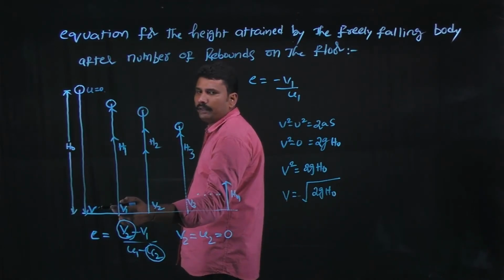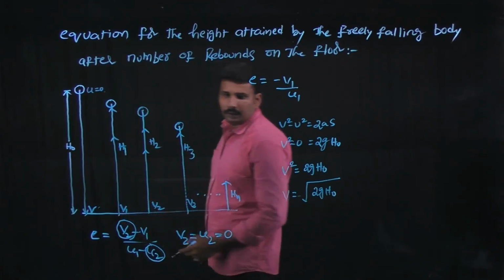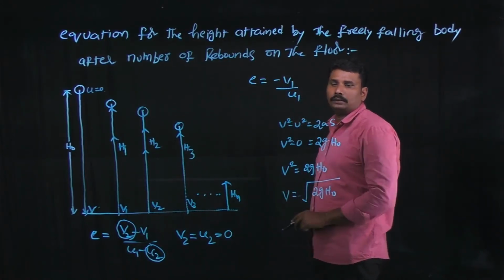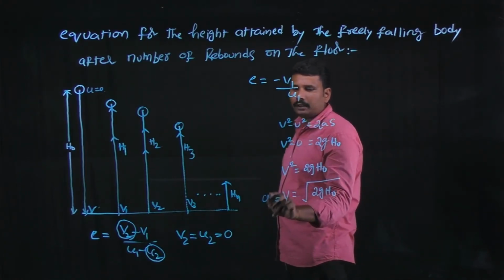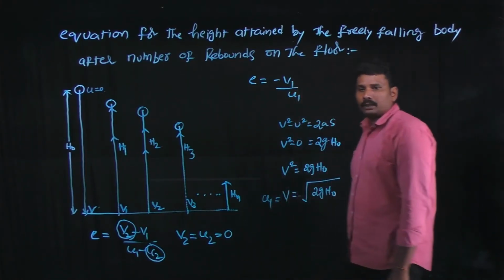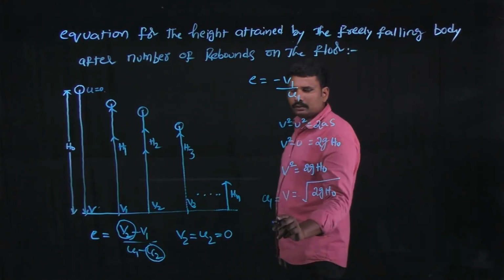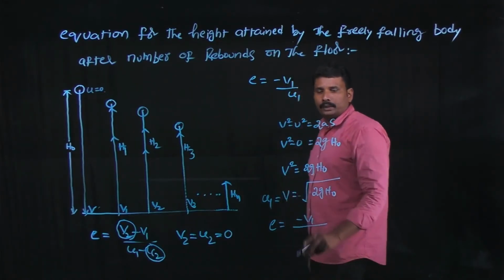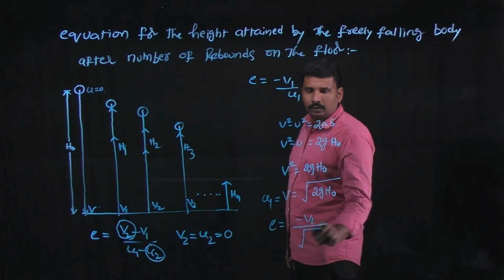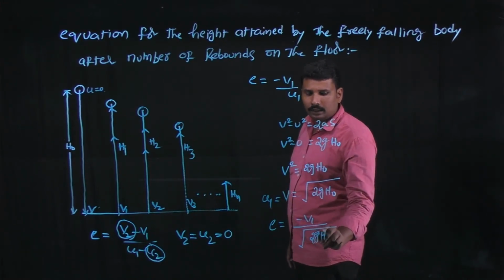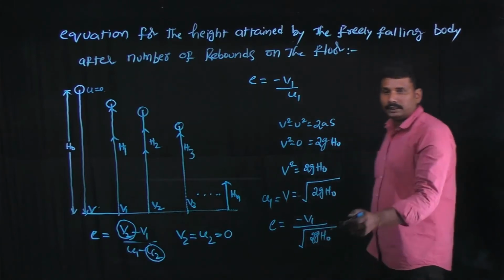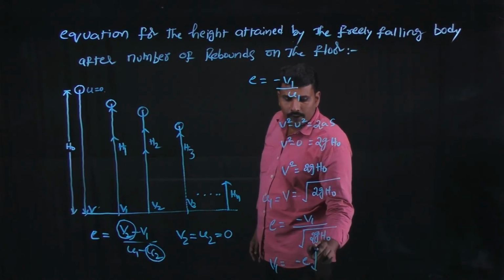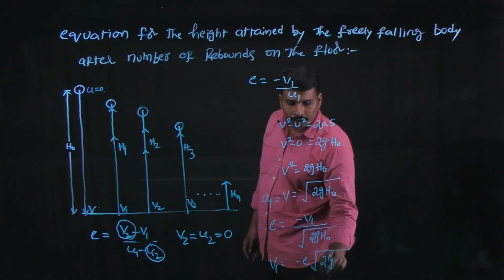On hitting the ground, it has velocity v, but in our formula, before collision the velocity of the small sphere is u1. By substituting this value, e equals minus v1 by under root 2g h0. From this, v1 equals minus e into under root 2g h0.